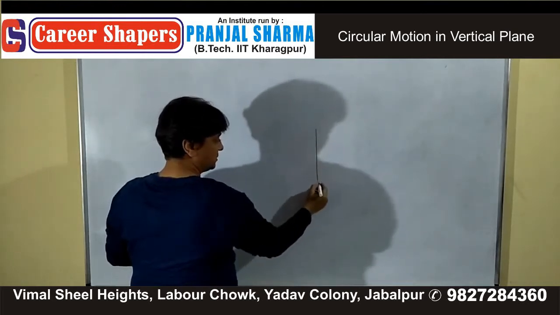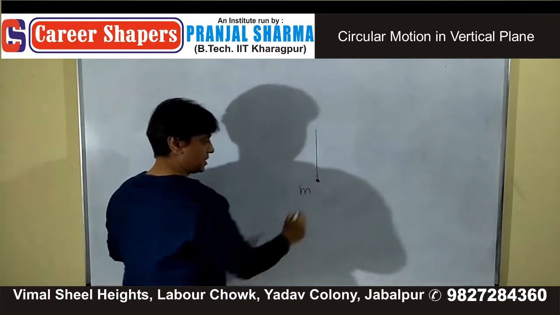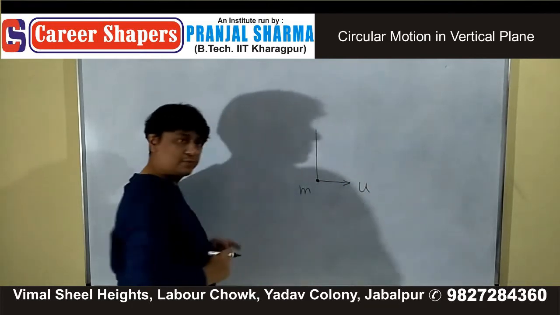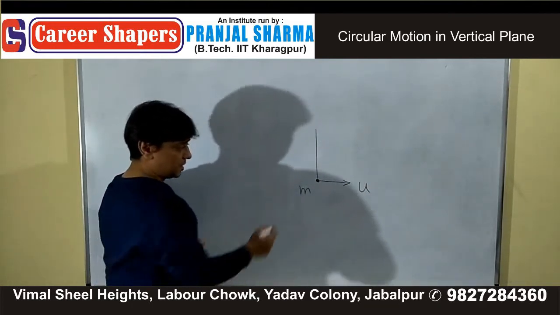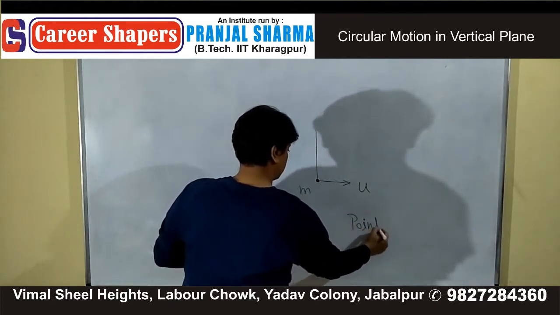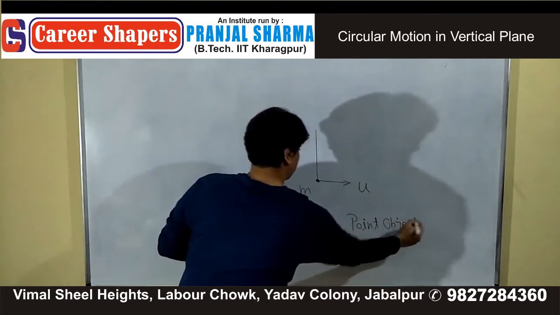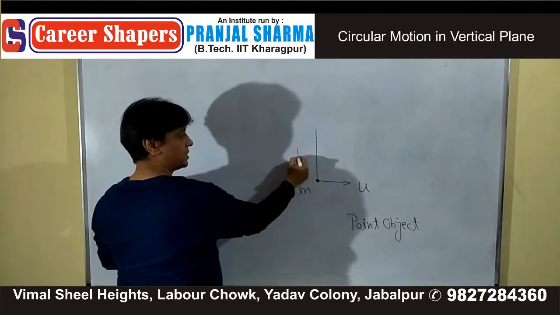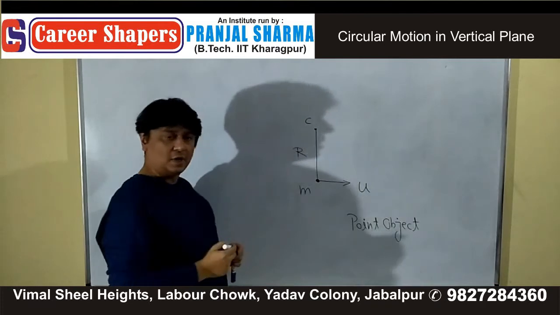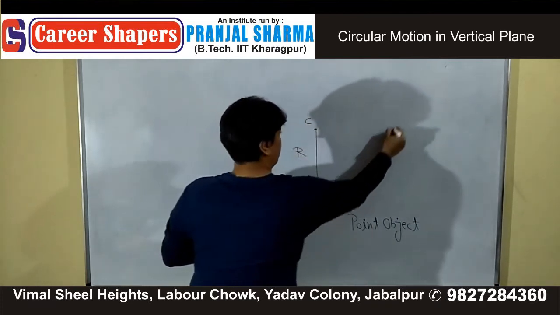We have an object of mass m. It is given some velocity u in this direction. This m is a point object. Length of the rope is r, and that's the center. It moves in this vertical circle.